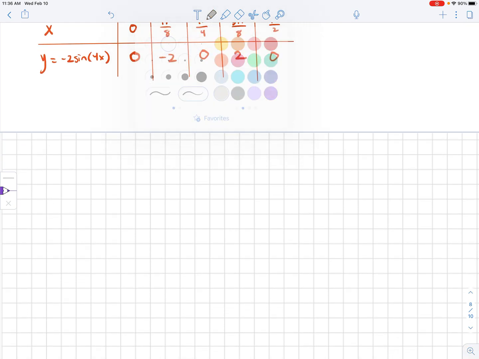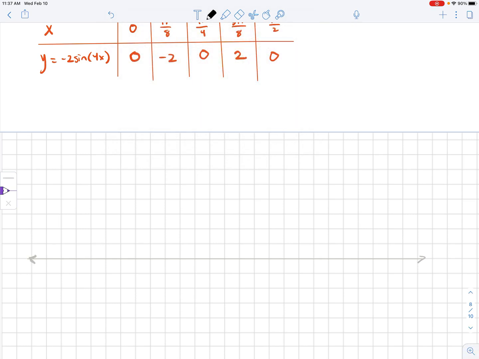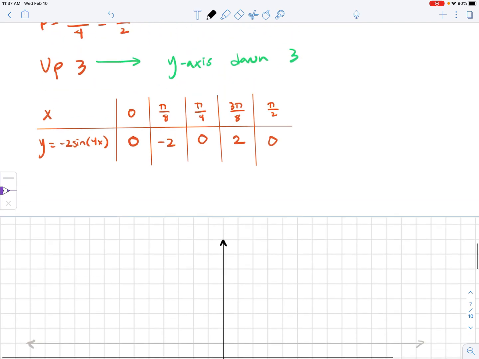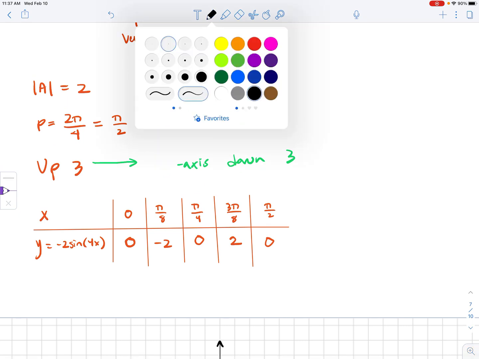So because it's a vertical shift, I'm going to draw the x-axis in gray here first because that's going to be shifting. I'm drawing my x-axis in gray and then my y-axis in black because I'm shifting. Oh, I said I was shifting this was wrong.